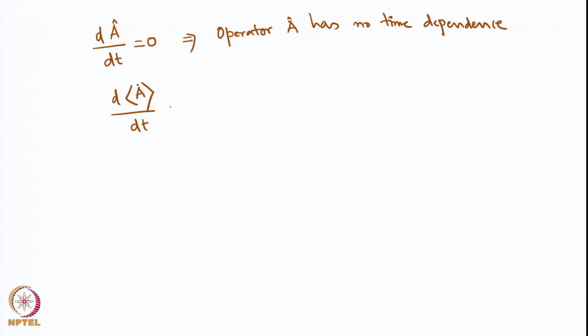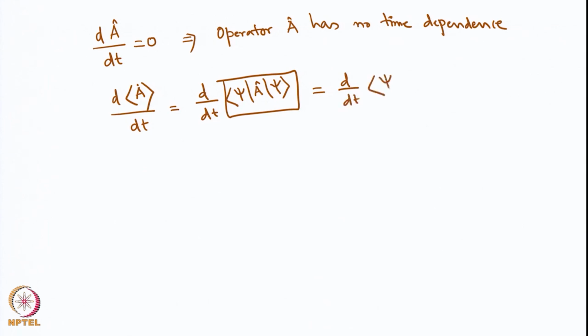Now, this is given by d by dt of the expectation value of A, which is nothing but psi A psi. I had shown a minute back that this integral is equal to d by dt of psi A psi.